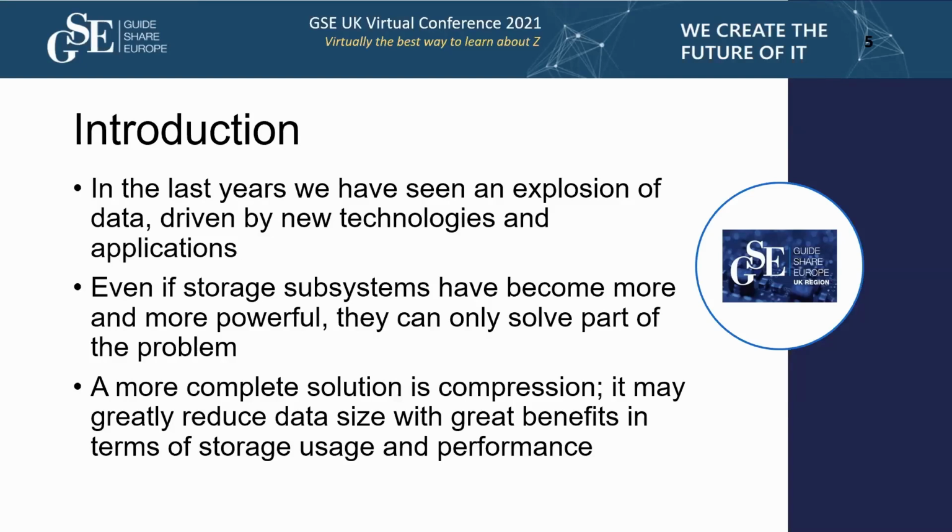Another important point is cryptography. If you are following the IBM strategy of pervasive encryption, you have to encrypt more and more data. And so this is another important issue that has to be considered.